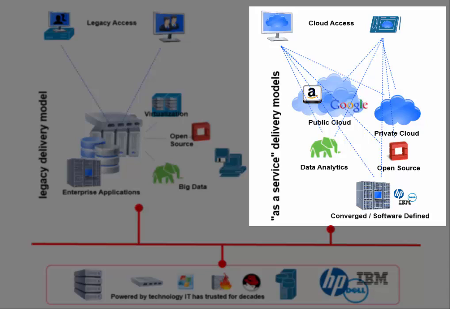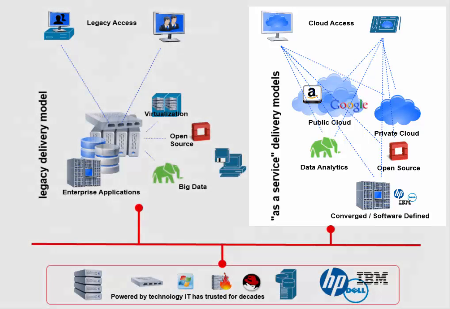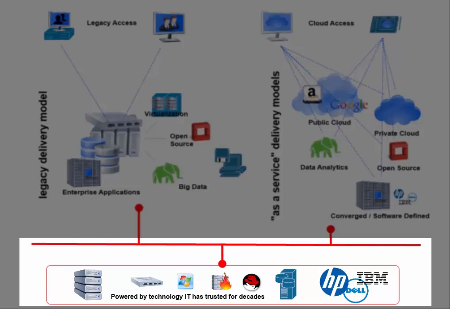And we see a newer term come out, converged networks, software-defined networks. Hey, come on. It's all the same stuff. We've added some automation. We've added some security. We've made it better. But at the end of the day, it still runs and is powered by the technology that IT has trusted for decades.